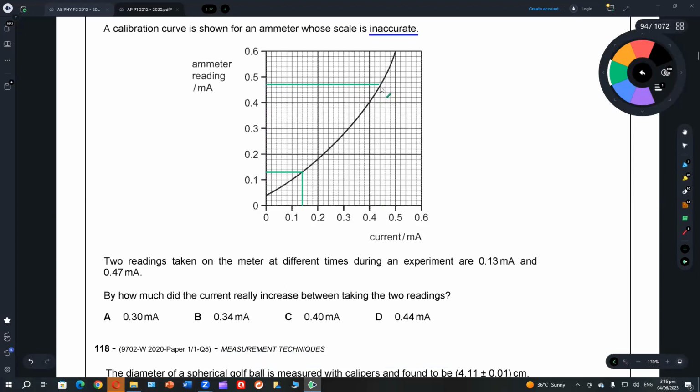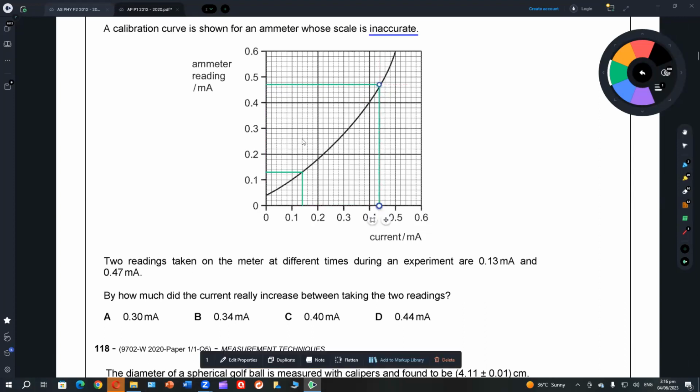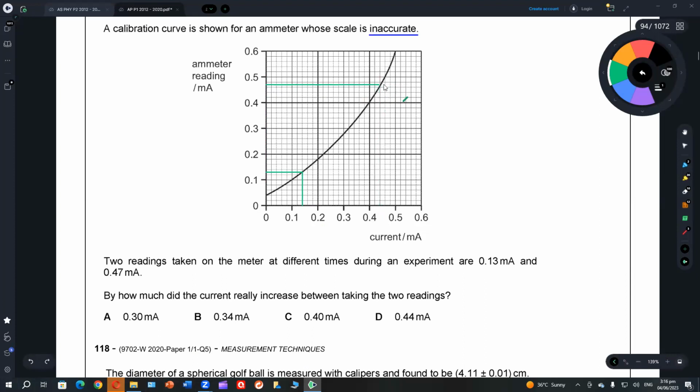I was planning that we should read the values. So it is between 0.12 and 0.14, the first value. So it's 0.13. Don't you think it is almost 0.14?